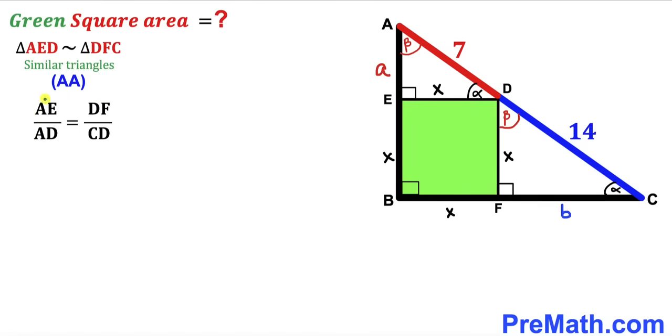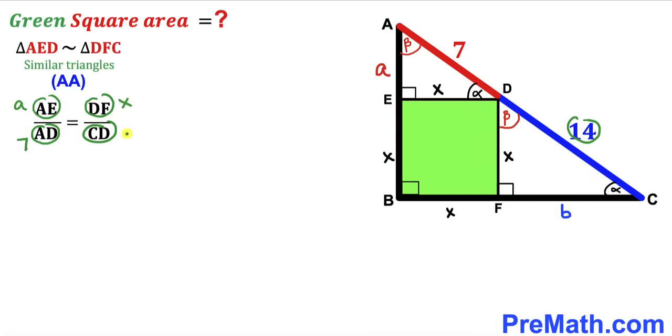AE is lowercase a, AD is 7, DF is x, and CD is 14.